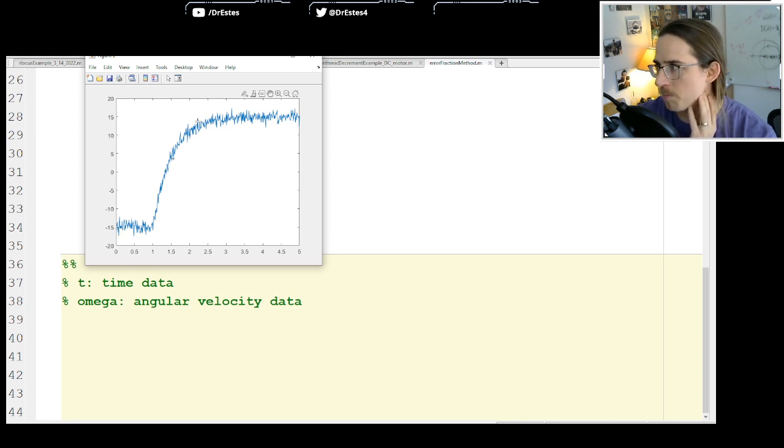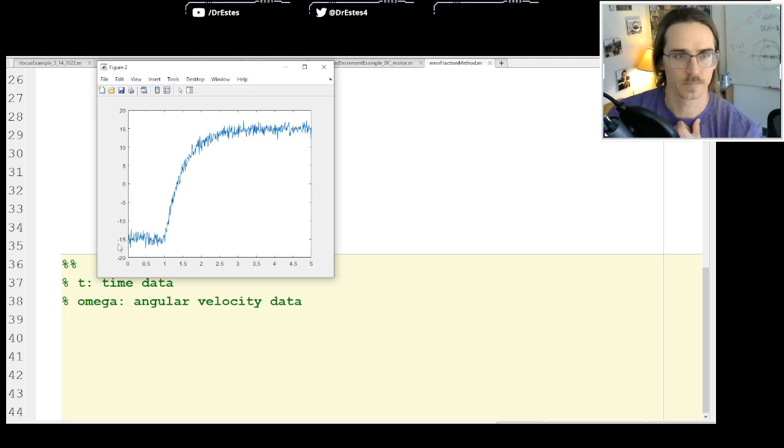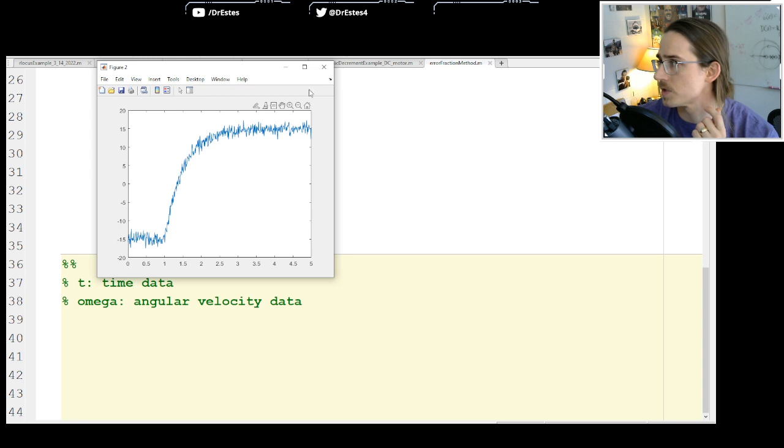Maybe it's a motor speeding up. And like any real life experiment, there's going to be noise in the data, and that's why this looks all fuzzy. So let's assume that this is the angular velocity of a motor, in radians per second.